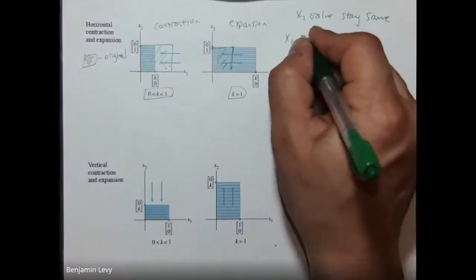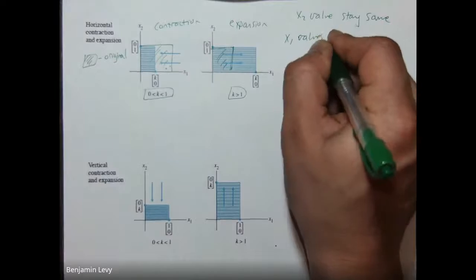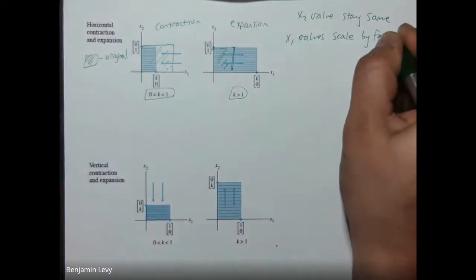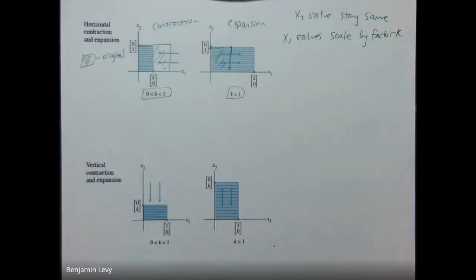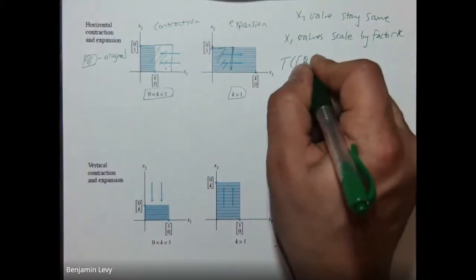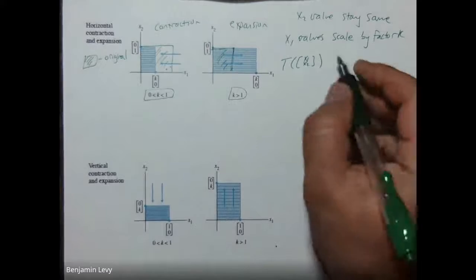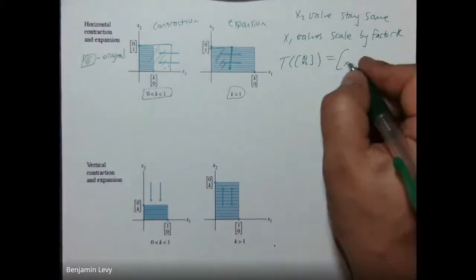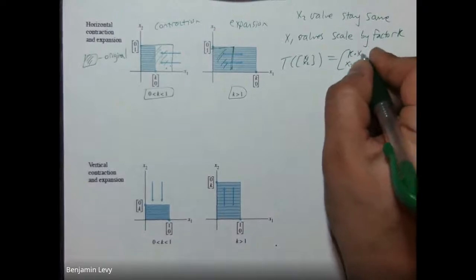And so x1 gets scaled by a factor of k. In other words, that's the word version of this transformation. If we apply this transformation to a general vector, the x2 value stays the same, as we just said. x1 gets scaled by k.